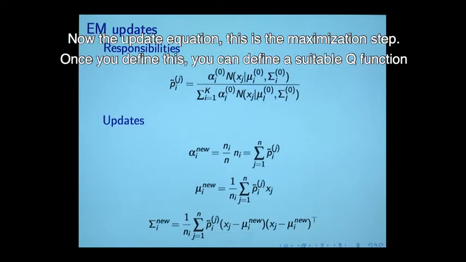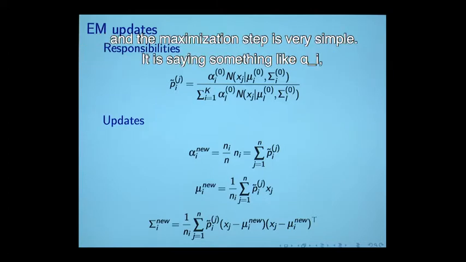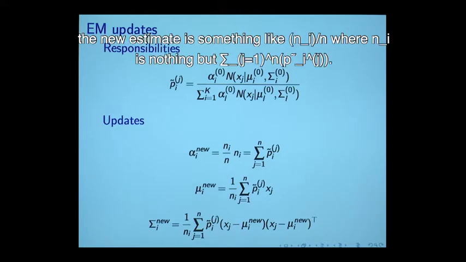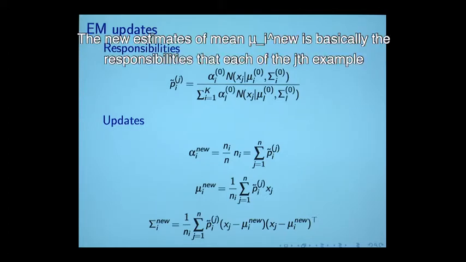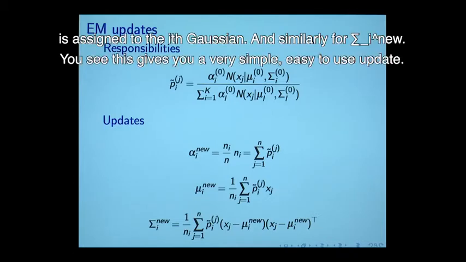Now, the update equation, this is the maximization step. Once you define this, you can define a suitable Q function, and the maximization step is very simple. It says that alpha i, the new estimate, is N i by n, where N i is nothing but the sum over all j's of p tilde i j. The new estimate of the mean mu i is computed using the responsibilities with which each jth example is assigned to the ith Gaussian, and similarly for the new sigma i.